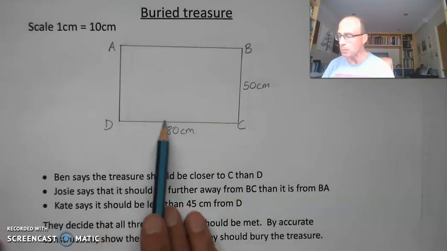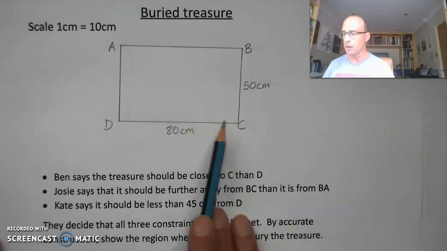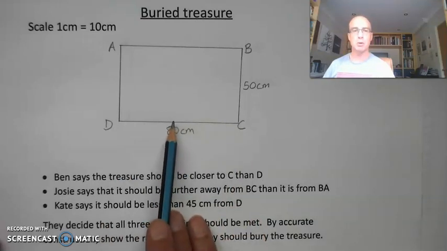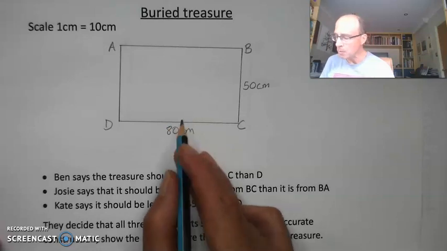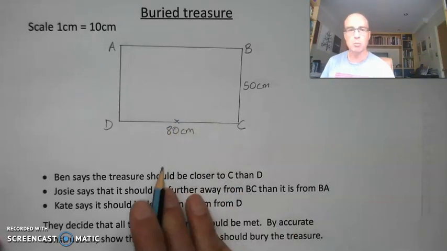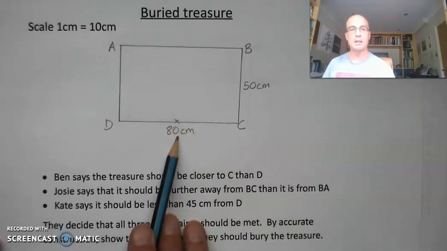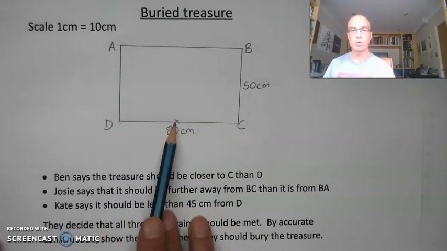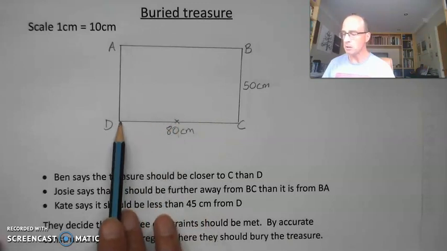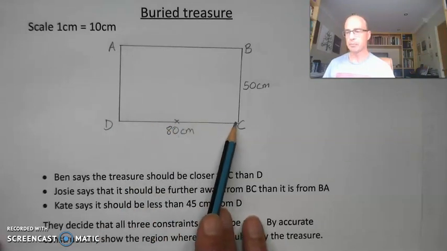Well, if I have a think about my line CD itself, the point that's the same distance from D as from C is going to be my midpoint, which is going to be somewhere here. If the length is 80 centimetres, then that's going to be 40, so it's going to be the same distance from D as it is from C.